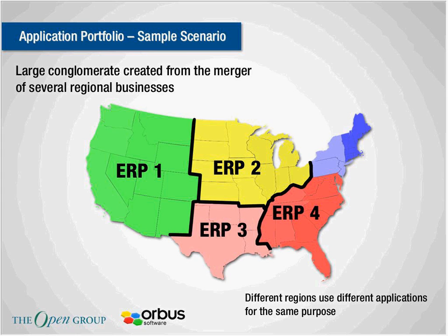So the Western region might have one ERP system, and the Atlantic and Southern States regions might have a different ERP vendor installed. Then you've got duplication of data, duplication of maintenance. Not ideal.